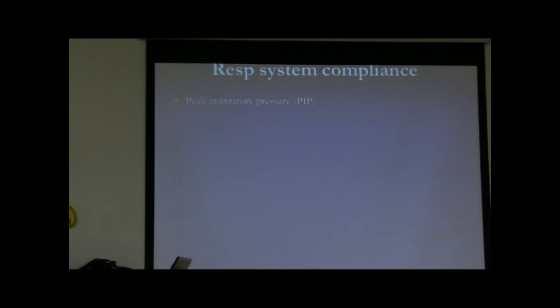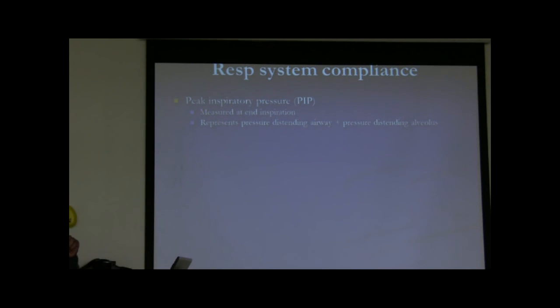Peak inspiratory pressure is basically the pressure that's generated at the end of the inhalation phase of the breath. Like we talked about, most of the time we're going to be on AC mode, assist control. You have a baseline pressure that's there all the time. And then when the breath is triggered, the breath comes in and the pressure goes up.